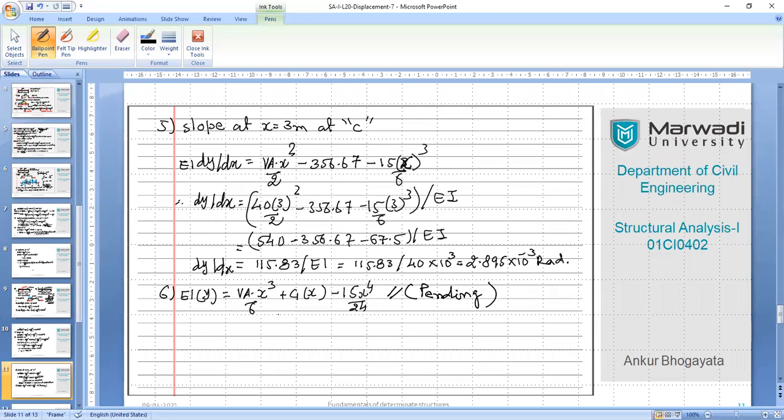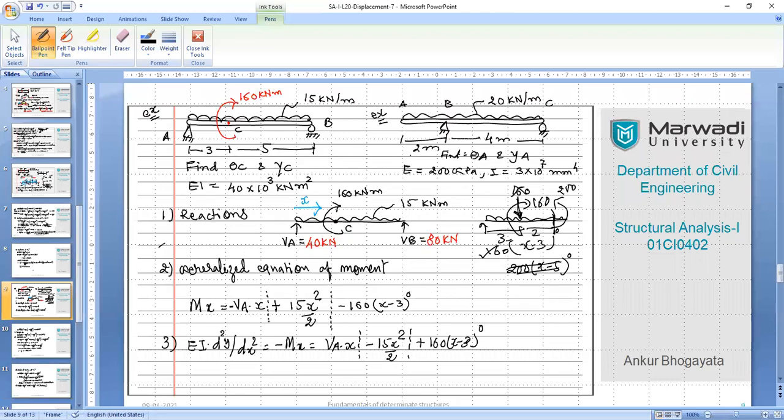So in the next class, first we will obtain this distance, I mean y value, and then we'll go for another example that is already marked over here, and then we'll go ahead for other varieties, right? So still 2 more sessions I'm planning to dedicate to this concept, and then we'll go ahead for the next method, that is moment area method.